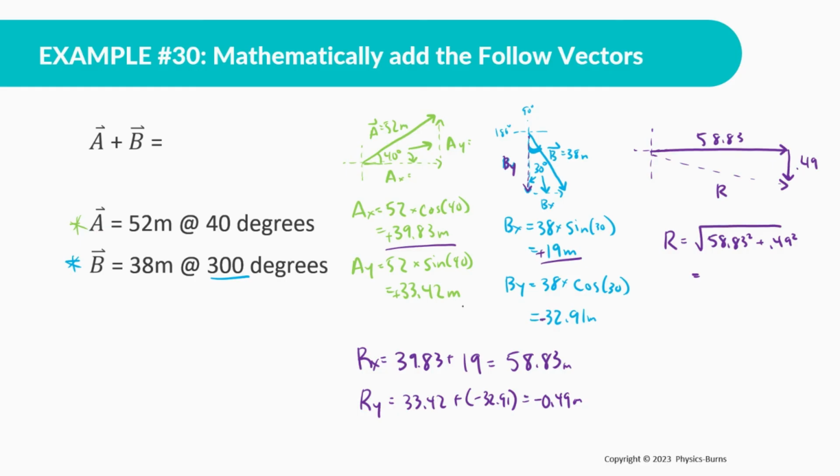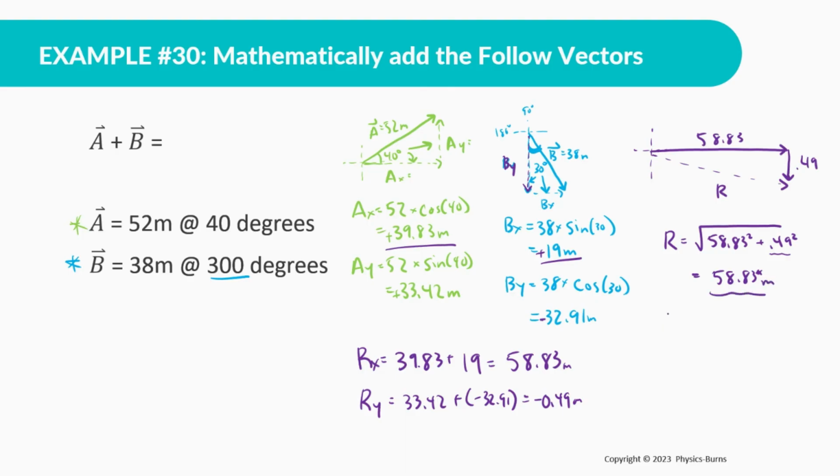Honestly, that should make sense because this number is so low that the hypotenuse is slightly bigger, but it's essentially 58.83 meters.